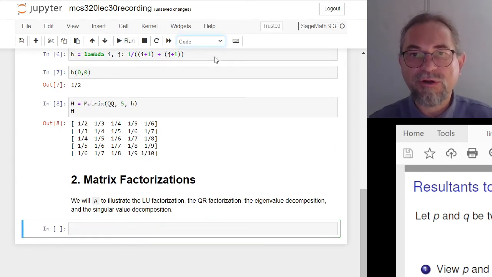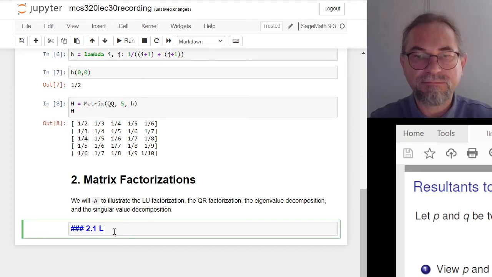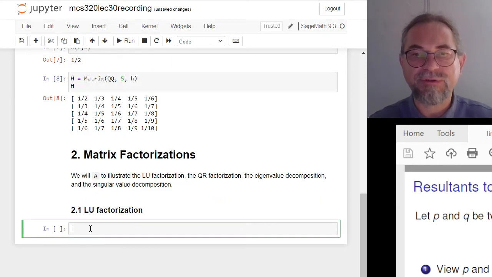So I will work with subsections. Let me first do the LU factorization. So I have P, L, and U. So I will indicate what is the P.